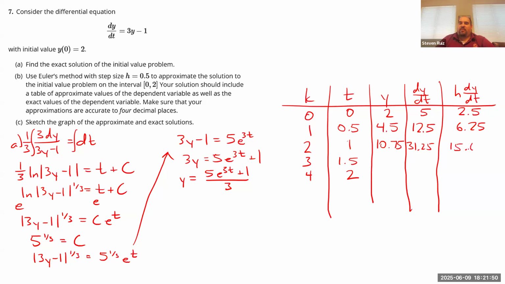31.25, and then half of that is my change in y, so 15.625, and then I add that to my previous y, 10.75, and I get 26.375. And one last time through, multiply that by 3, minus 1, that gives me a dy/dt of 78.125.